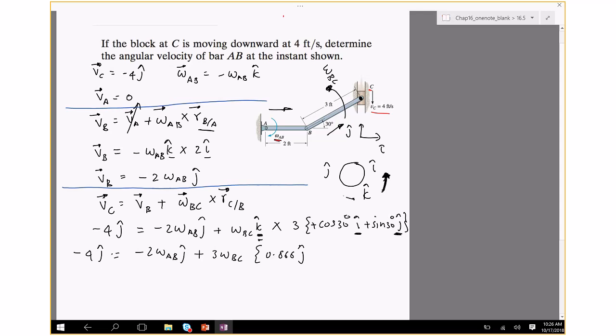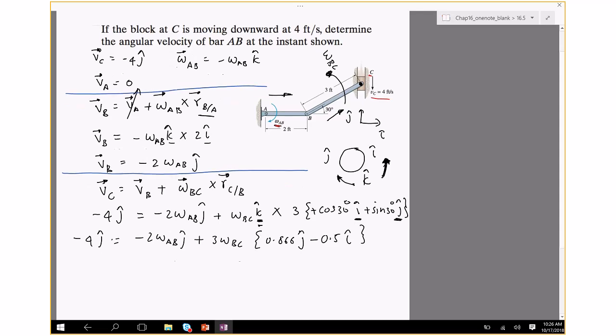Going from k to j, I go clockwise, so k cross j is negative I, and sine 30 is 0.5. Okay, so let's simplify this. Minus 4j equals minus 2 omega AB j plus 2.6 omega BC j minus 1.5 omega BC I.